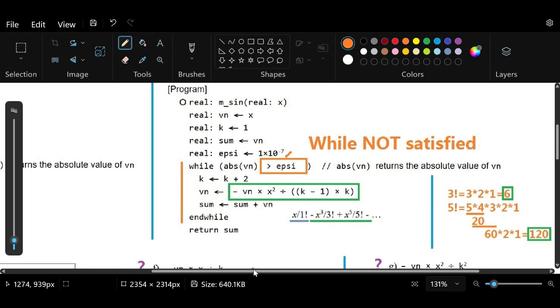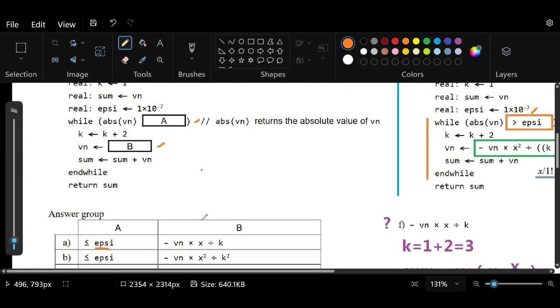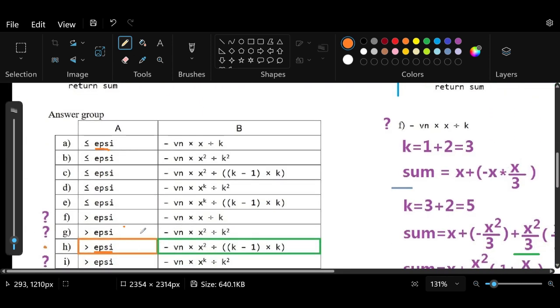That's why this one says that it has to be greater than EPSI, so that we can continue doing the instructions inside the loop, because we haven't satisfied the condition that says that we should stop.